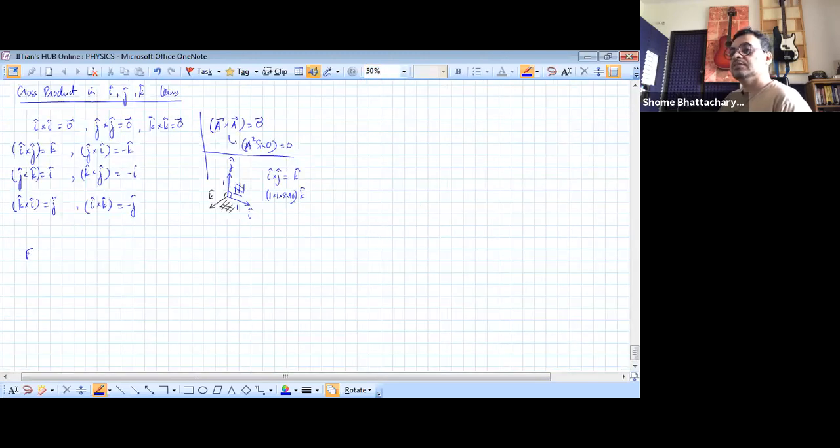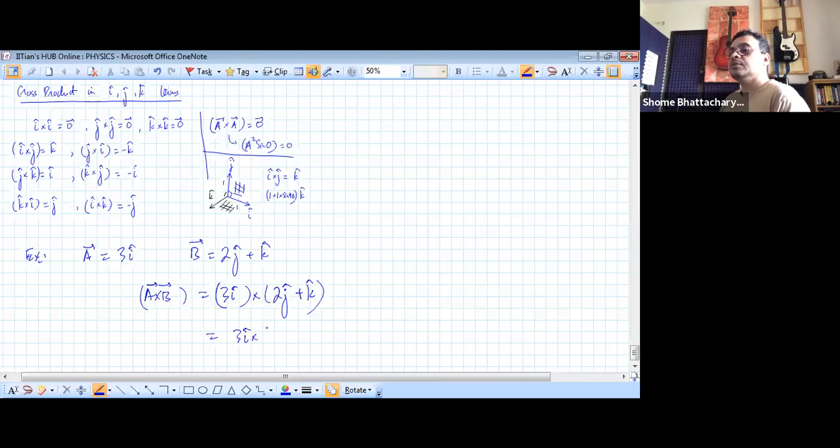For example, suppose the vector A is 3i cap and the vector B is 2j cap plus k cap, and we want to calculate A cross B. We can write it as 3i cap cross 2j cap plus k cap. Then open this bracket using the distributive property: 3i cap cross 2j cap plus 3i cap cross k cap.